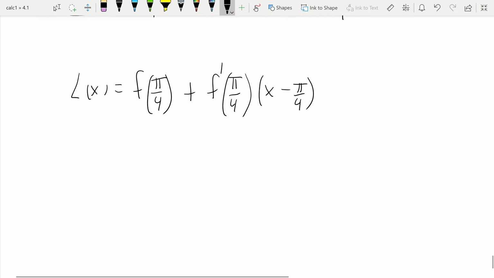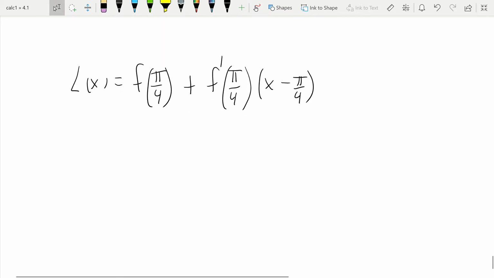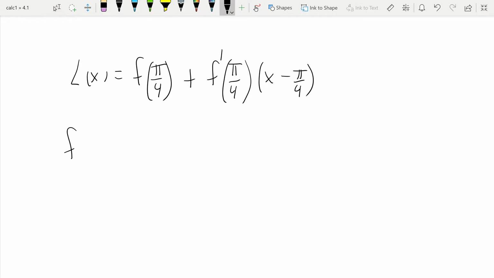So that's the linear approximation. f at pi over 4 is the tangent at pi over 4, which is sine over cosine at pi over 4, but they're both equal to square root 2 over 2, so that gives you 1.